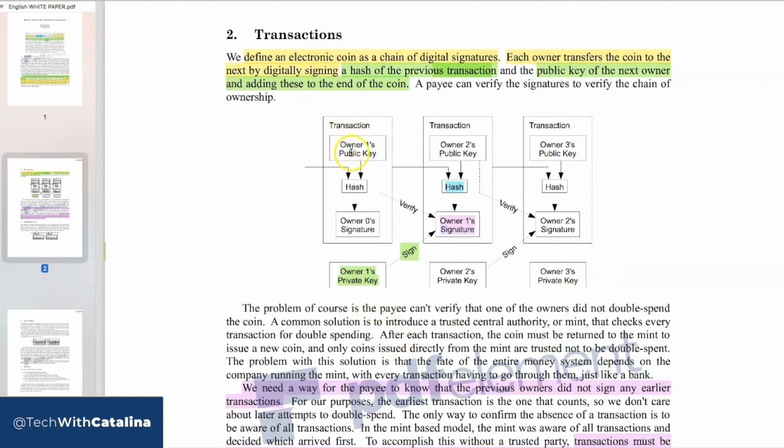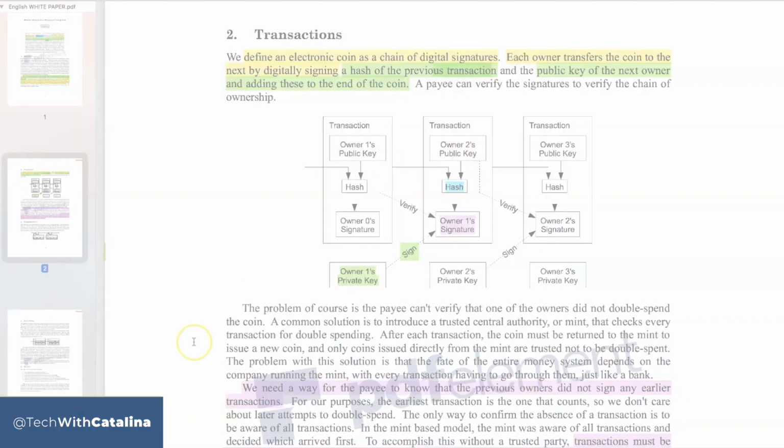We have owner 1, so here it says owner 1's private key. With his private key, he is going to sign the message, the transaction, he is going to create a digital signature, and by doing so, he is signing the hash of the previous transaction and the public key of the second owner.